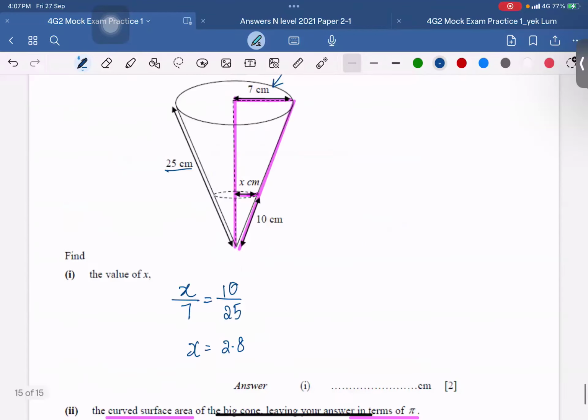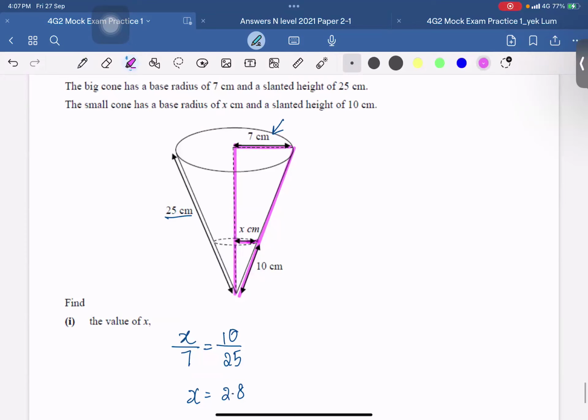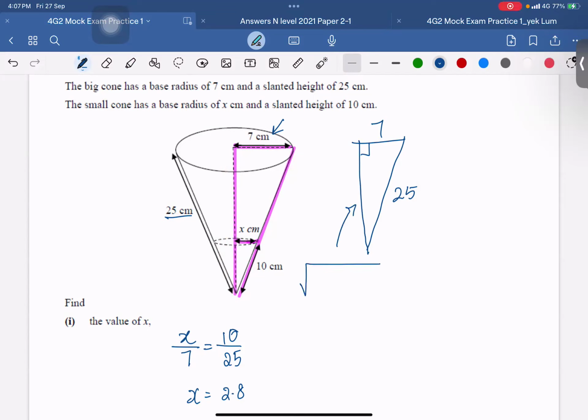Observe my whole cone itself is in the shape of a right angle triangle. I have my 7, I have a 25. I need to find the perpendicular height. This perpendicular height is the shorter side. Do I add or do I subtract? We subtract, right?